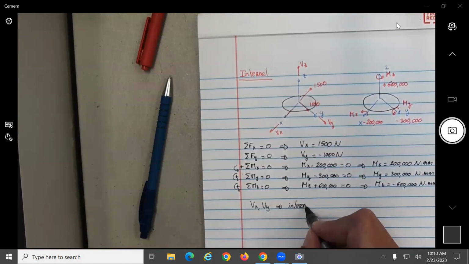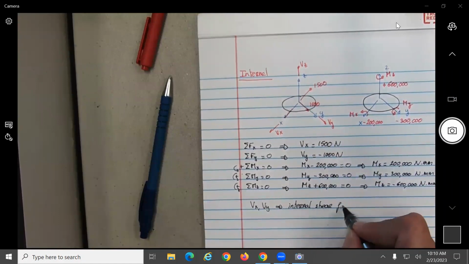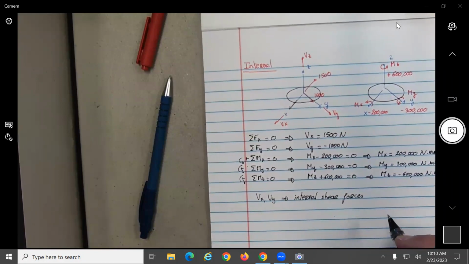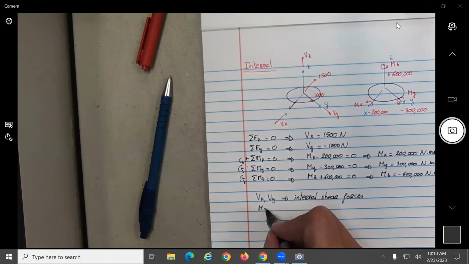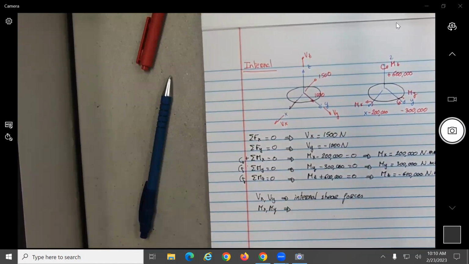now it will be redundant to say internal shear forces. Then let's do some understanding. What are Mx and My? What type of information are they going to cause?